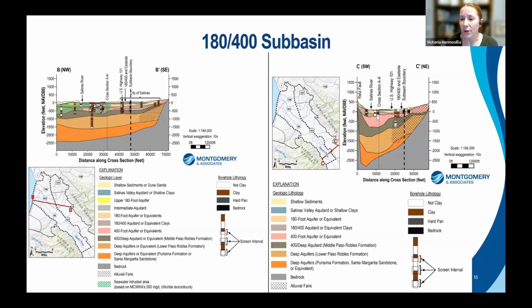The other thing you're going to notice in these cross sections are these little black dashed lines on the right of each cross section. And these are areas of alluvial fan deposition coming off of the Gavilan Range.